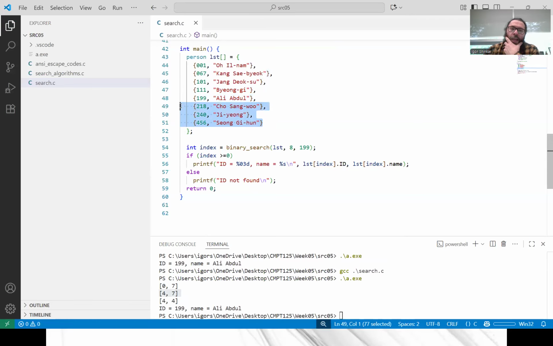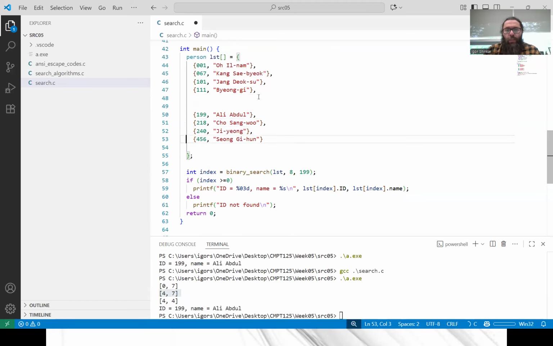Okay. In the next step, we'll take the midpoint to be this one, between 4 and 7. So we reduced ourselves only to this part now. This is index 4 and this is index 7. If this is the midpoint, we ask, are we at the midpoint?